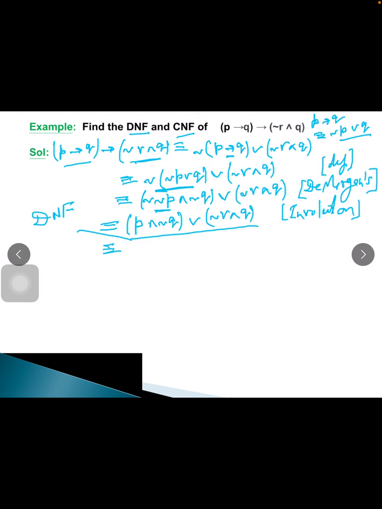Now next we need to find the CNF. So how to find the CNF? To find the CNF, we proceed further and use the distributive law.